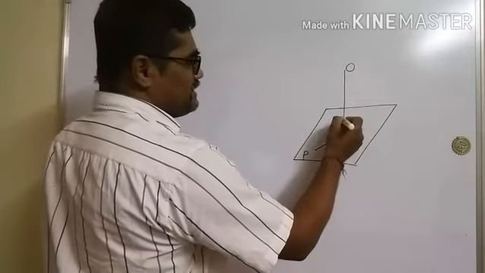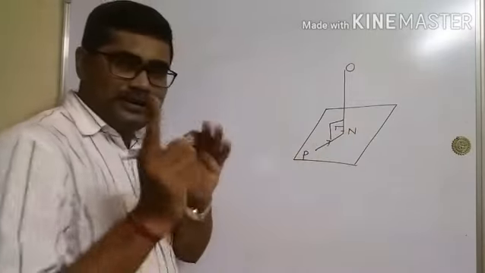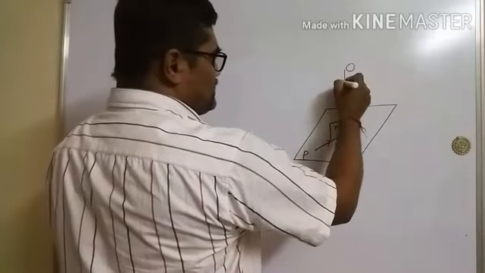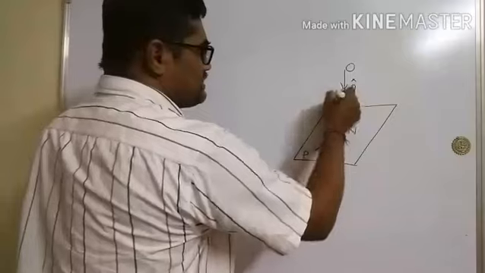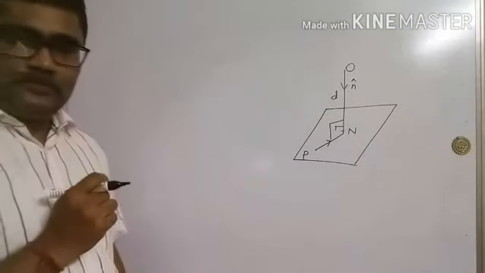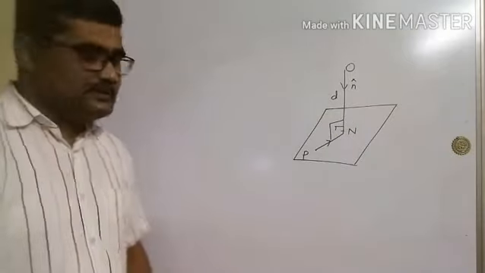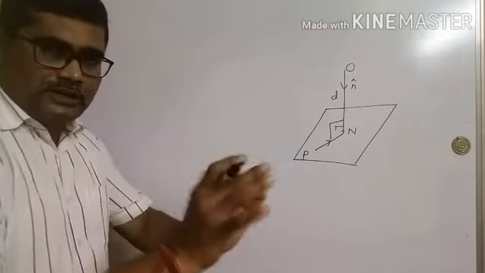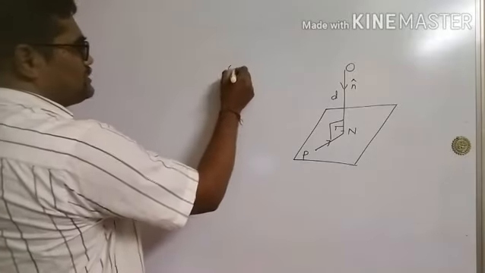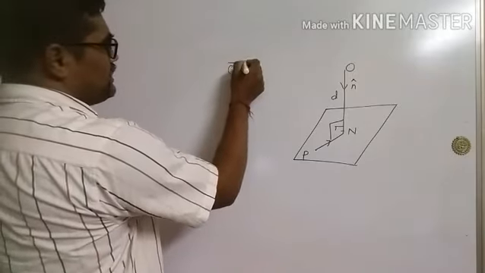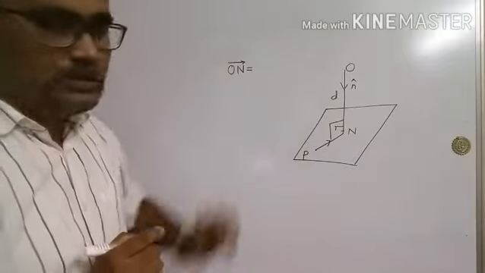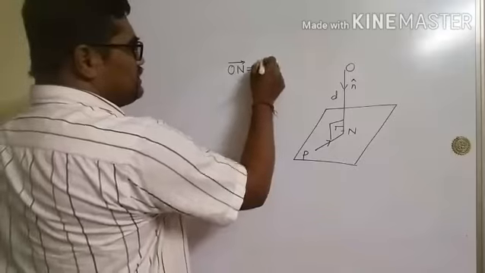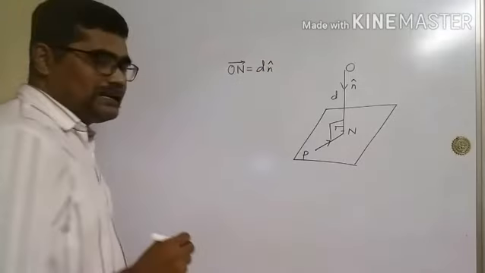So obviously this angle is 90 degrees, already I have shown you, right? So now this vector is N cap, and the distance I consider is D. Clear? So now for the deduction, first of all, if I ask you to find what is ON, ON is a vector whose length will be D and the direction is given by N cap.